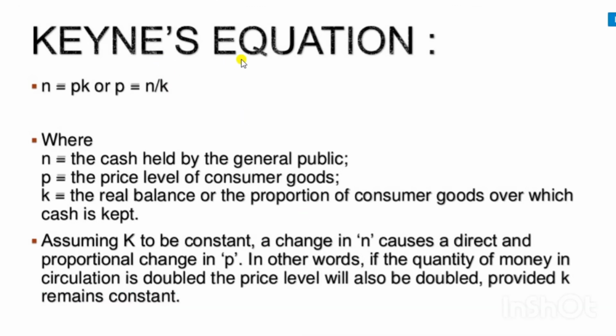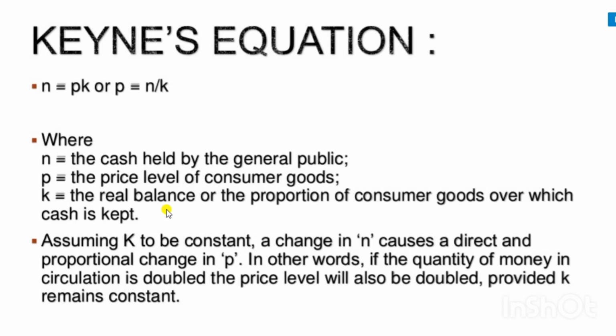According to Keynes' equation, N = PK, or price P = N / K. Here P is the price level of the consumer goods, N represents the cash held by the general public, and K represents the real balance or the proportion of consumer goods over which cash is kept. Here we are talking about the liquidity of the money which we keep in the form of cash.